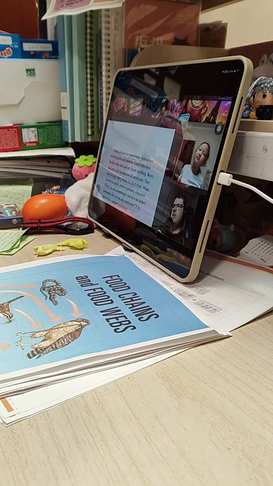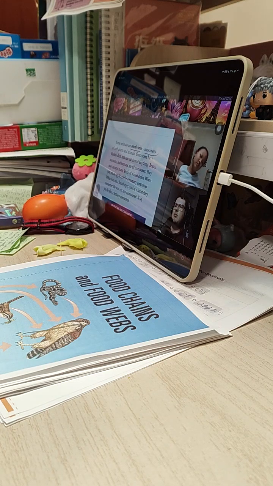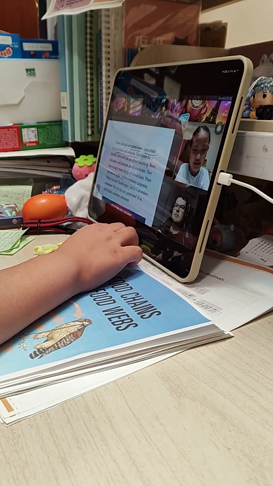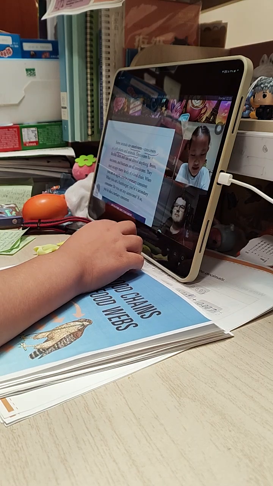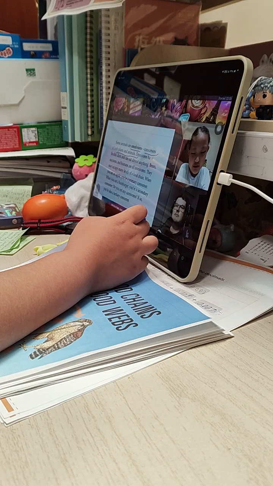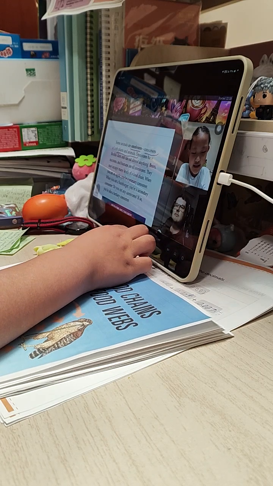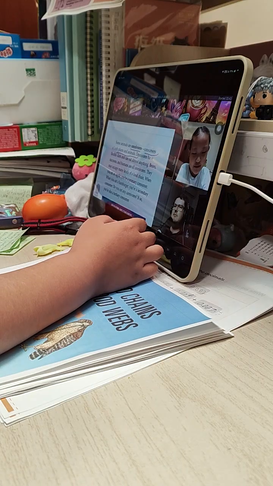So here we said omnivores consume both plants and animals. Can you give me one example of an omnivore? I guess the first thing that comes to mind is a monkey or a human. Then there are dogs and cats, and they do eat plants sometimes.